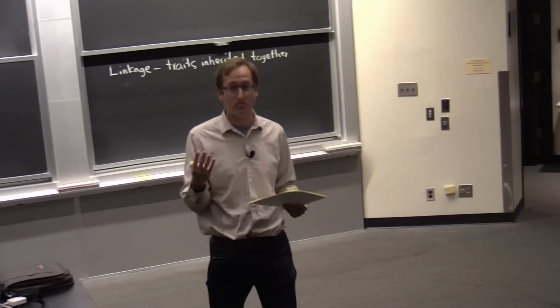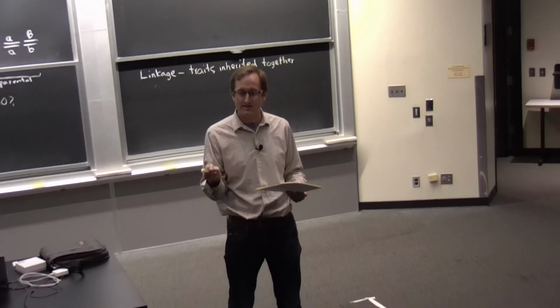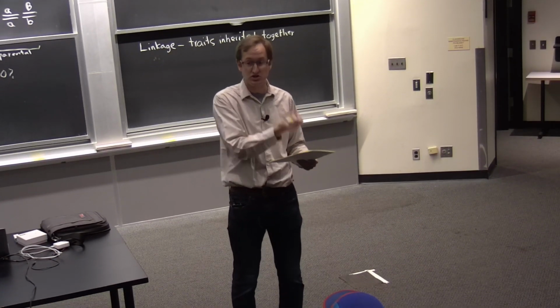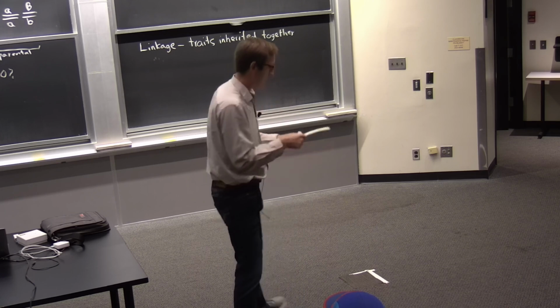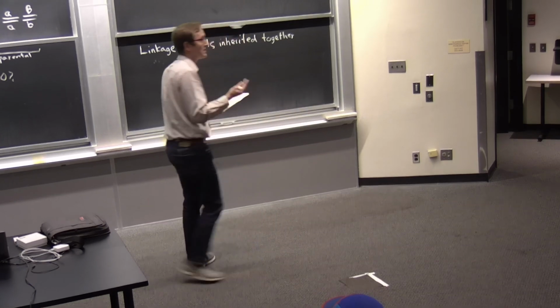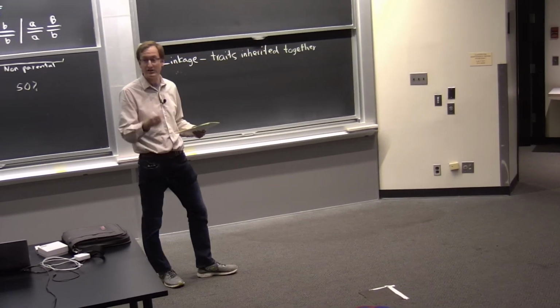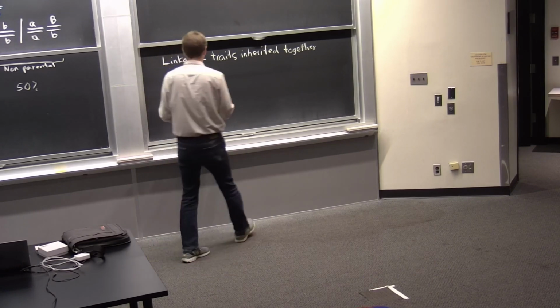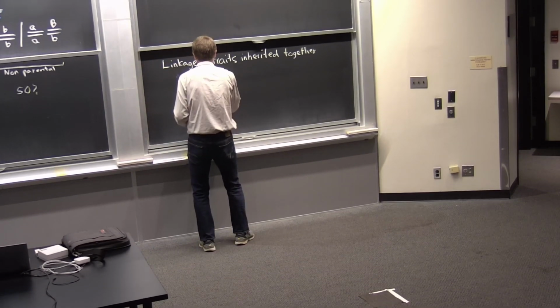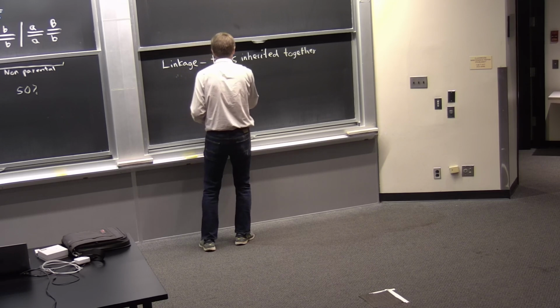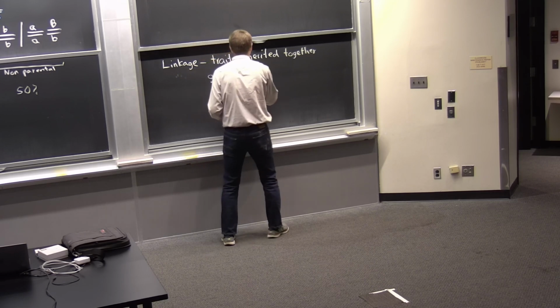So a physical model for what linkage is: you have chromosomes, the genes are on the chromosomes, and for two genes to be linked, those genes are physically near each other on the chromosome, okay? So the physical model is that two genes are near each other on the chromosome.